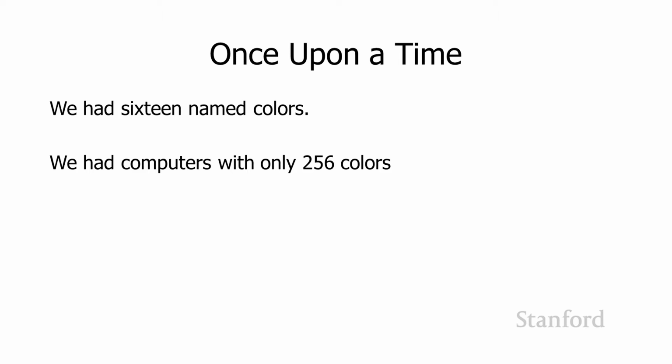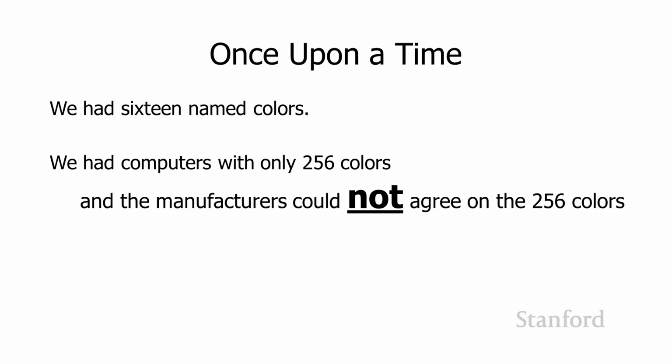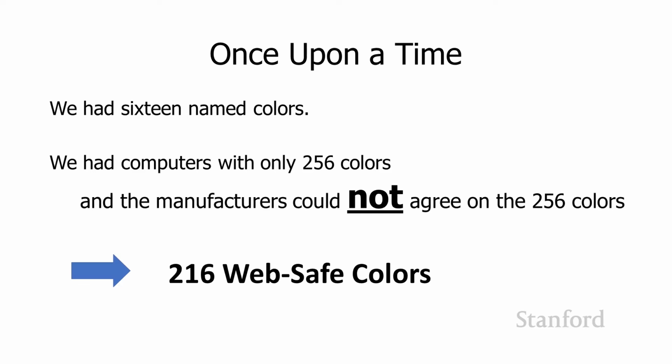And it turns out that the computer manufacturers could not agree on what those 256 colors were. So there were only 211 colors that were agreed upon by all the computer manufacturers, and these were referred to as the web-safe colors. So if you see the term web-safe color, that's what they're referring to.